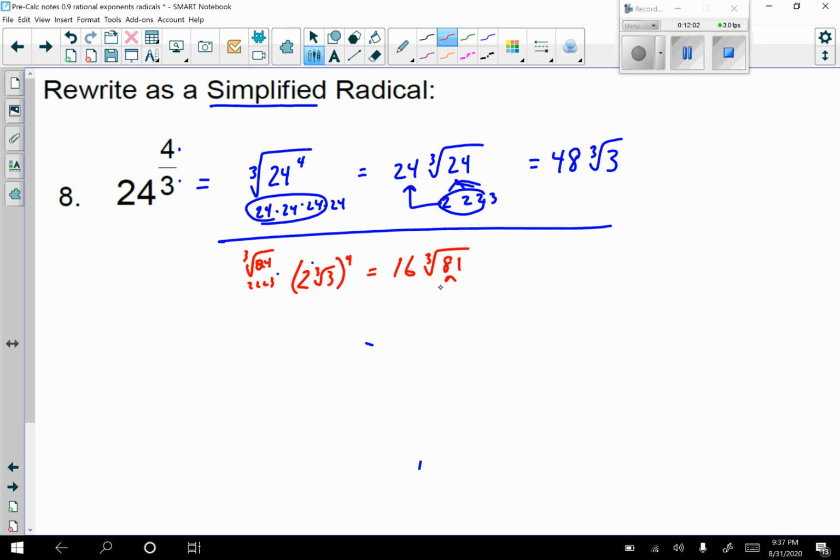And you start breaking that down. 9 times 9, and each 9 is 3. So there's 4 3's. That's a group of 3, and goes out there, and we get 48 cube roots of 3. There's a couple different ways to get it done. Watch for those exponents, and they can do a real quick simplifying, just by that little remainder division.